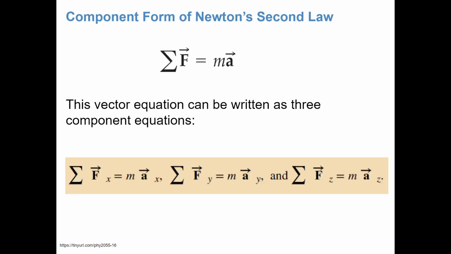If you take the components, then net force in the x direction is equal to mass times acceleration in the x direction. And in the y direction, net force is equal to mass times the y-directional acceleration. Similarly, if there's a third dimension, a z dimension, then net force in the z direction is equal to mass times acceleration in the z direction.